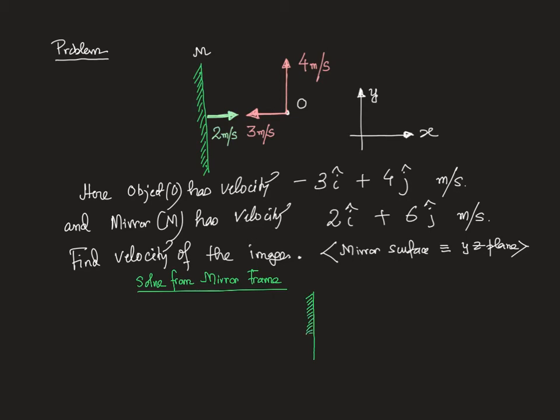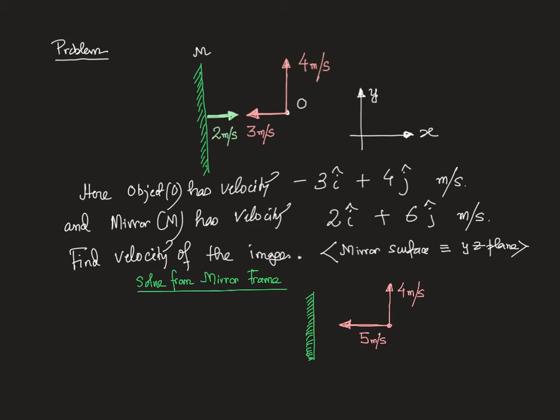So from the frame of the mirror, the velocity of the object, we are drawing a relative velocity. Obviously this way it is 5, and this upward one is 4 meter per second.